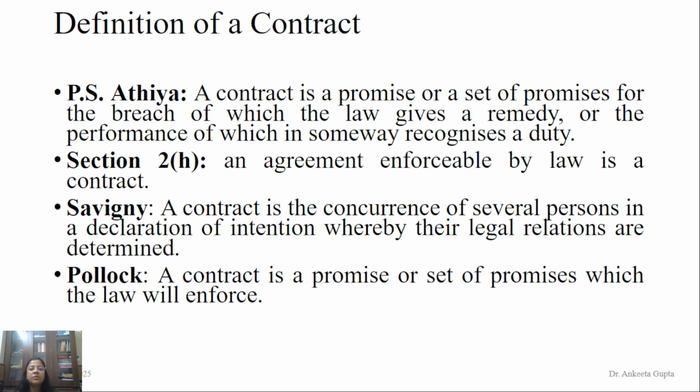The rights of the other party have been breached. And therefore, the law is saying that because there is a breach, there is a certain remedy that is available, and that remedy could be in the form of certain compensation.